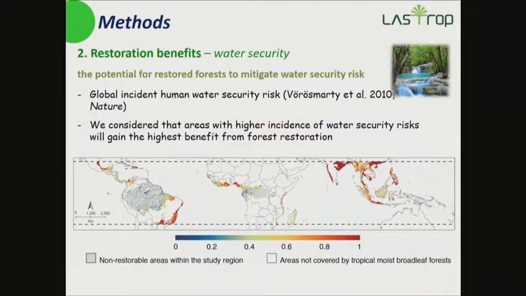Because you may argue that if you restore large portions of the landscape with trees, you may reduce water yield, and it may happen. But at the same time, we may plan restoration in such a way that minimizes trade-offs with water yield. And then the more red the area, the higher the potential benefit for mitigating water security risks.